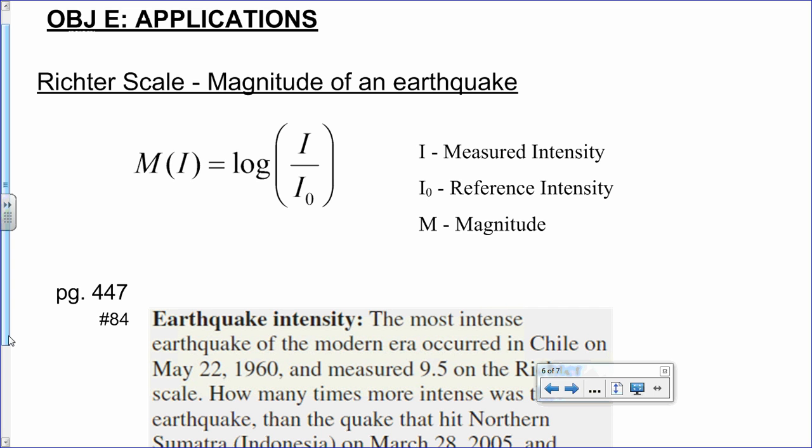So we're going to look at this word problem. This is the formula of the Richter scale, which measures earthquakes. So this is where you see logs. This is the formula I need for this problem.